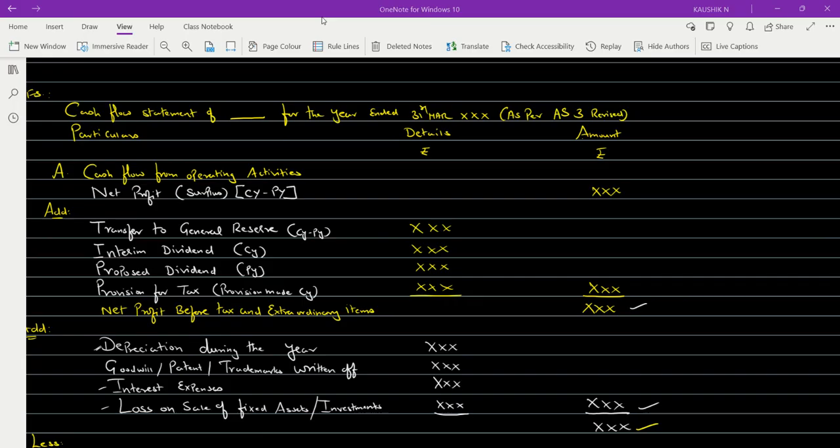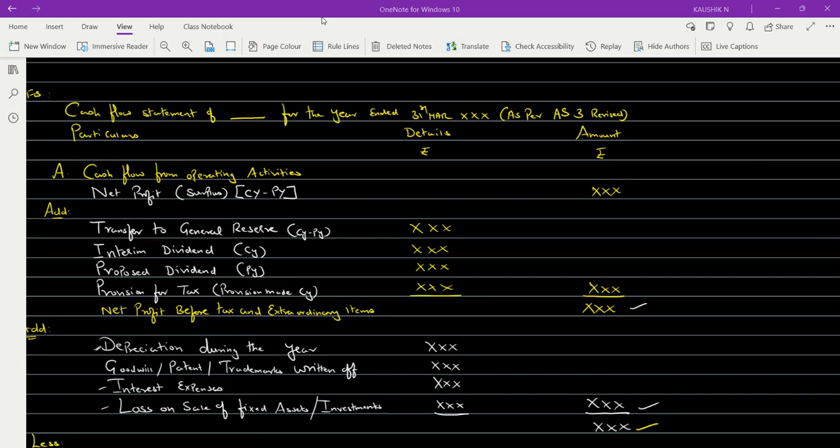Even intangible fixed assets can be sold, yes, but not when the business is in a continuity process. Now, have we shut down or closed our business? No. When closing the business, we will bring the intangible also into the picture. While the business is continuing, only tangible fixed assets can be sold, not the intangible ones.